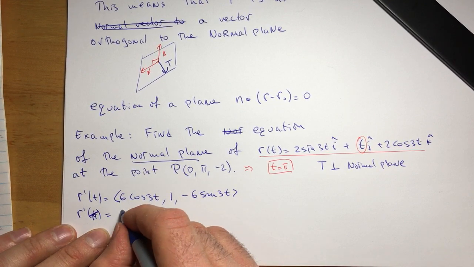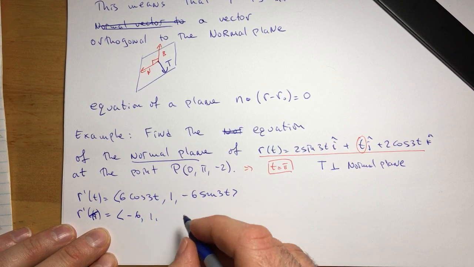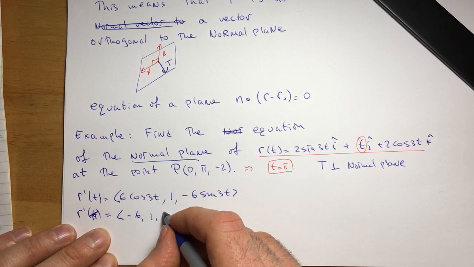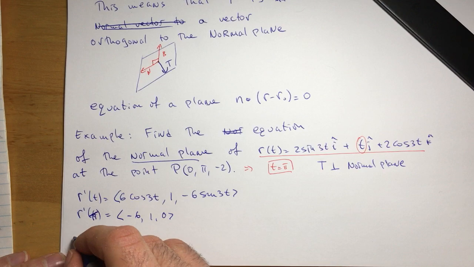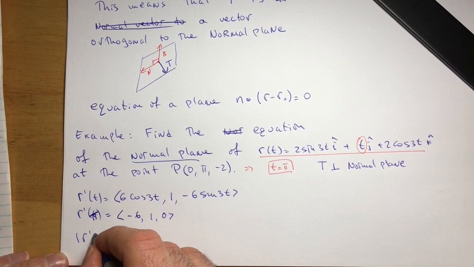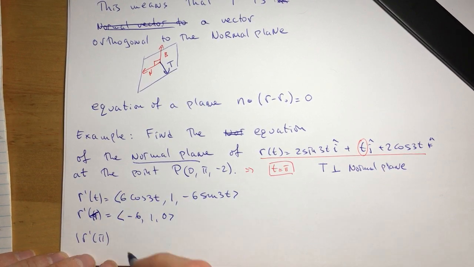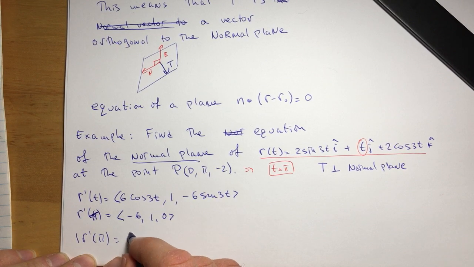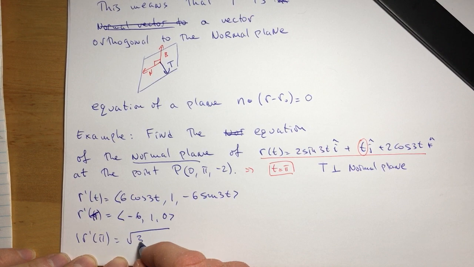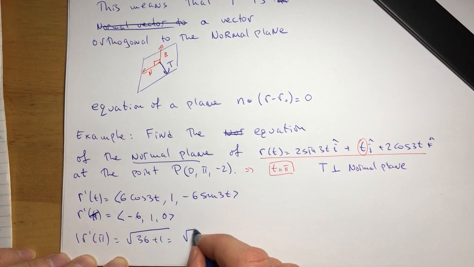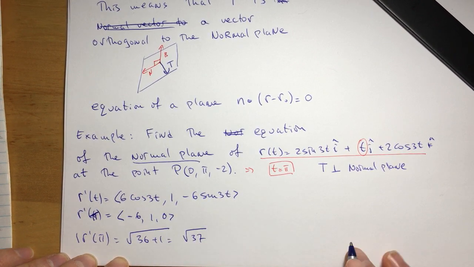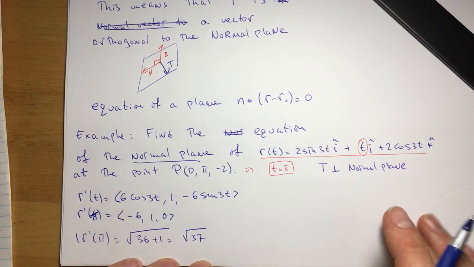Cosine of 3 pi is negative 1, so negative 6, 1, sine of 3 pi is 0, so 0. The magnitude of r prime evaluated at pi is equal to square root of 6 squared, negative 6 squared is 36 plus 1, so that's square root of 37.